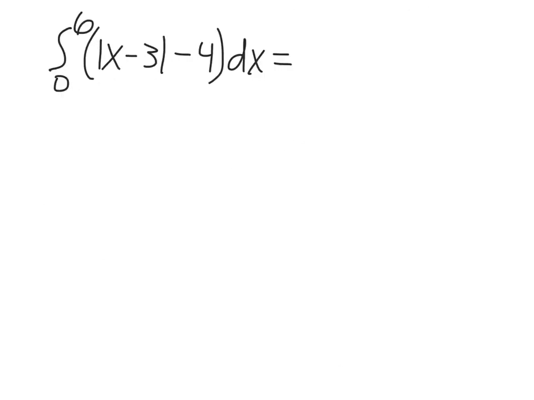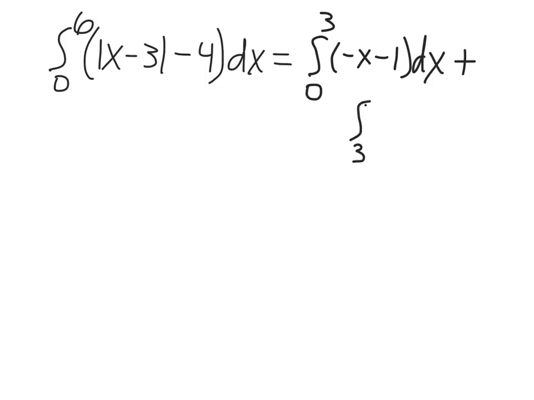So splitting this up, we have a definite integral property that says we can go from 0 to some point, and from 0 to 3 we found our function value would be negative x minus 1, and then we can add the second part of it, as long as we're starting again at 3.